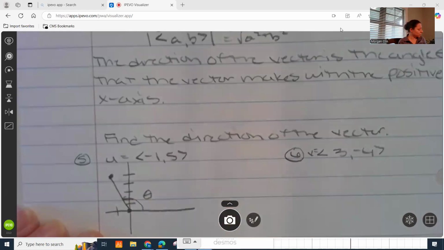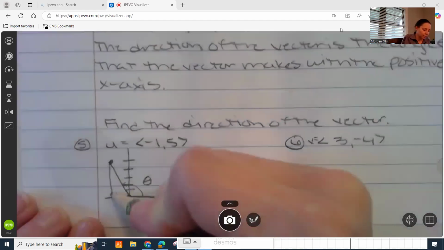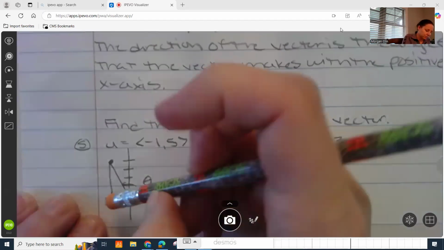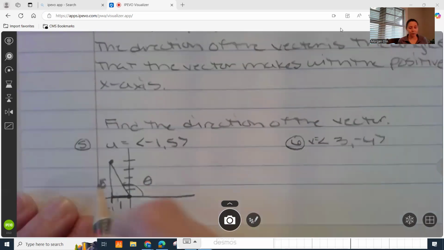And think about this. We're finding the direction of it, we're finding the degree. We're going to find theta basically right here. Now, what can we make here? If you're thinking right triangle, let's put it right here, just because I drew it a little long. This x value is at -1, the y is 5. So this is a length of 1, this is a length of 5, correct?